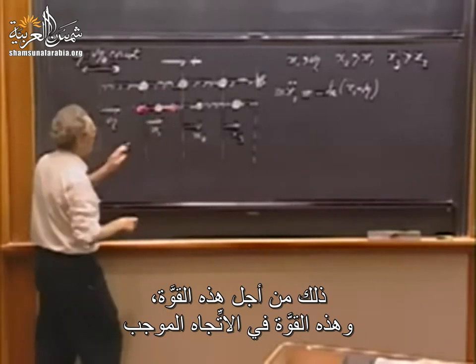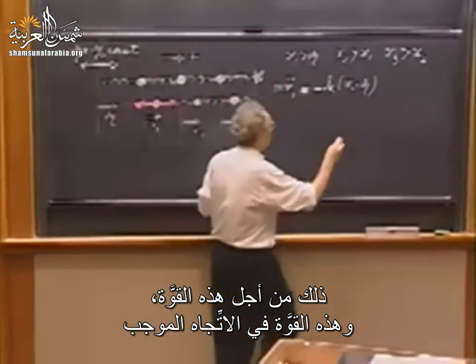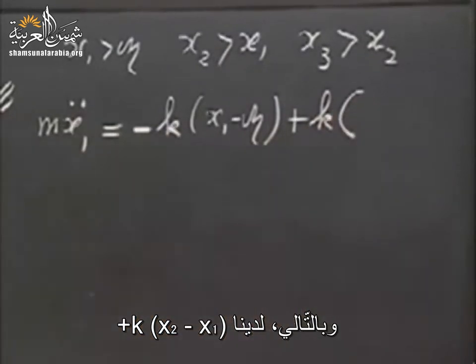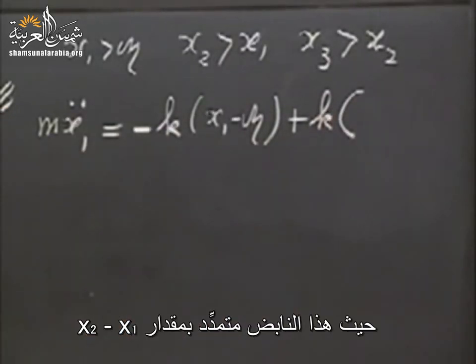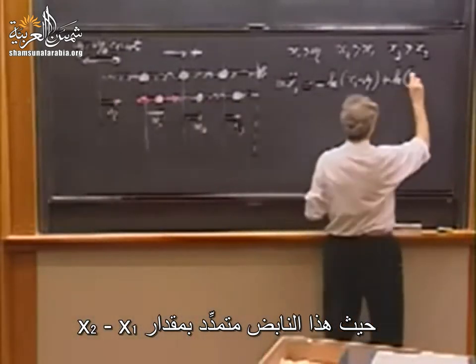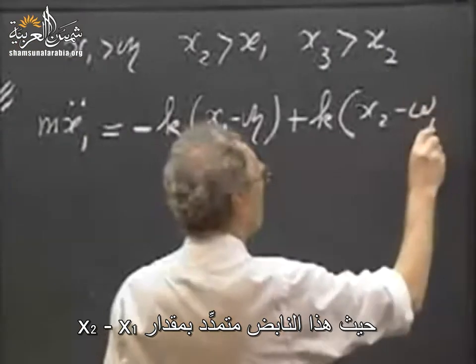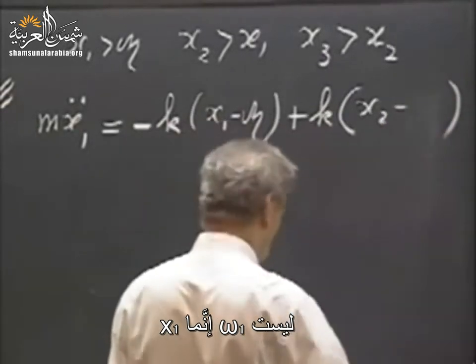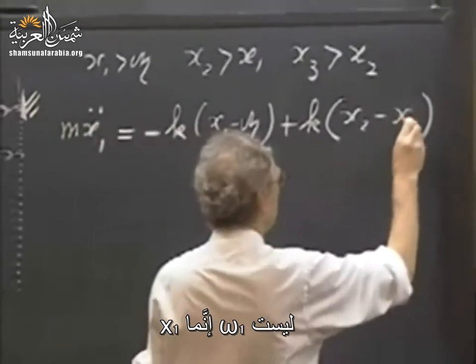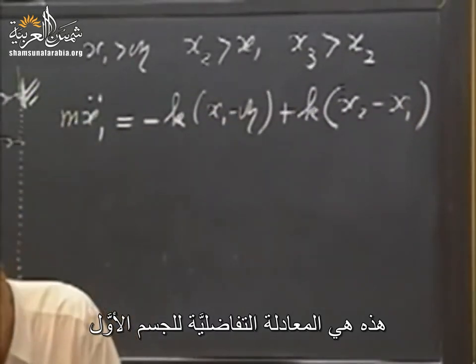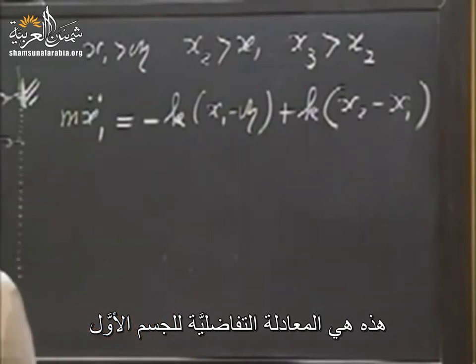And this force is now in the plus direction, is plus k times x2 minus x1, because this spring here is longer than it wants to be by that amount. Not omega 1, but x1. That's my differential equation for the first object.